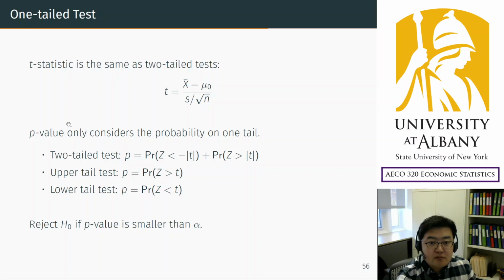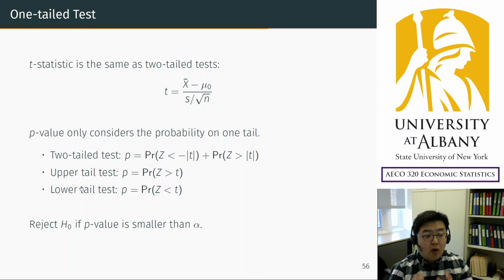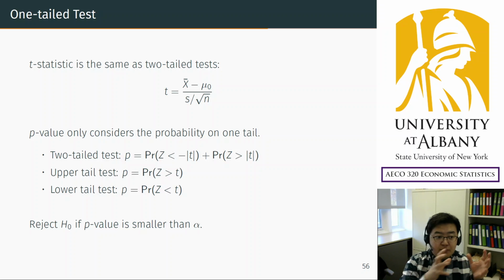So again, the t-statistic does not change, but depending on where you reject, your p-value must include the errors on the rejection side, where you reject.